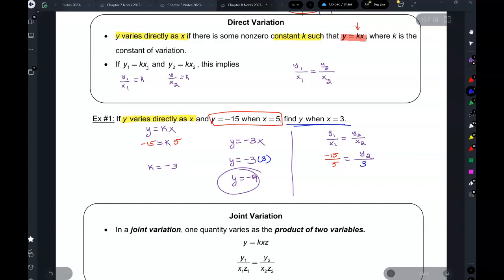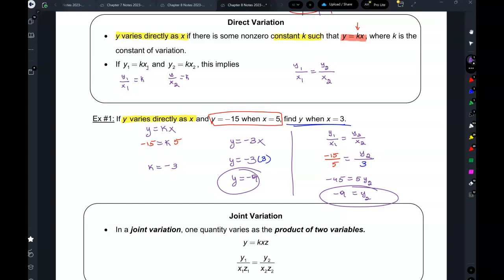Then negative 45 is equal to 5y2. So y2 is negative 9. Same situation. You can do it both ways. If you're explicitly asked to first find k, you have to do it the first way. If not, you can do it this way because this bypasses the whole k thing.